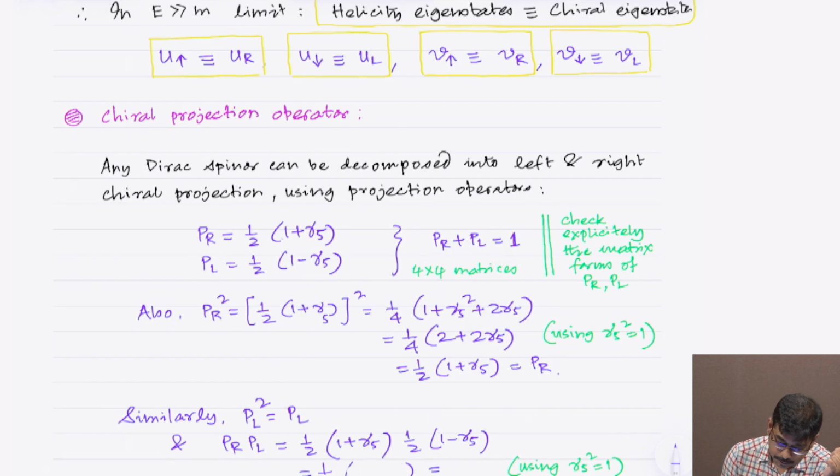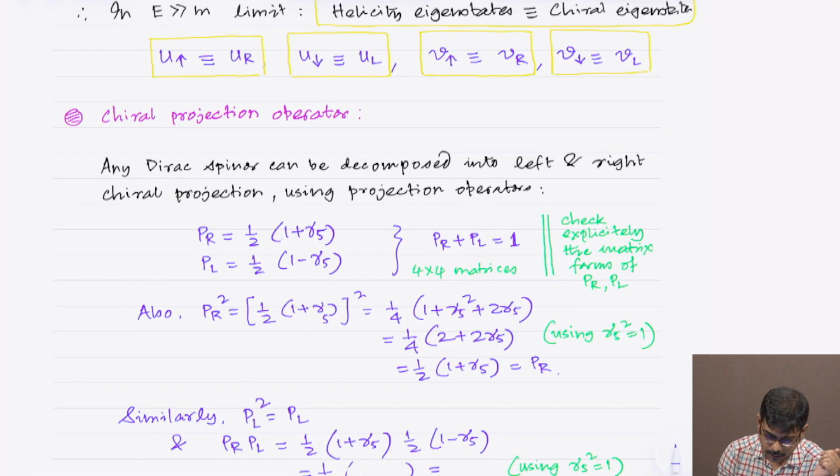Now, you have to remember that gamma 5 is a 4 cross 4 matrix. So, you cannot add it to a number 1. So, this 1 plus gamma 5, the 1 is the identity 4 cross 4 matrix. So, PR and PL are projection operators on matrices of dimension 4 cross 4. So, these are all 4 cross 4 matrices that we are talking about.